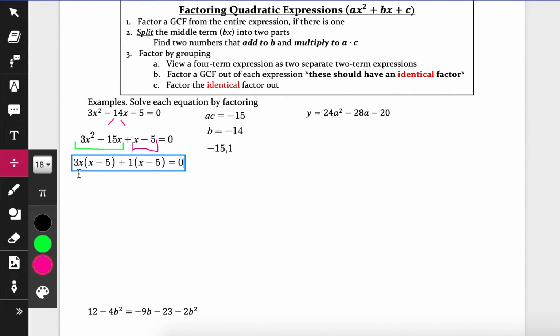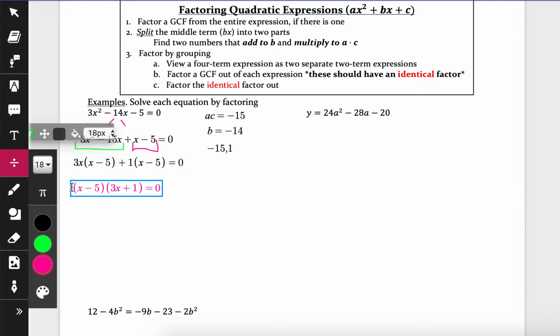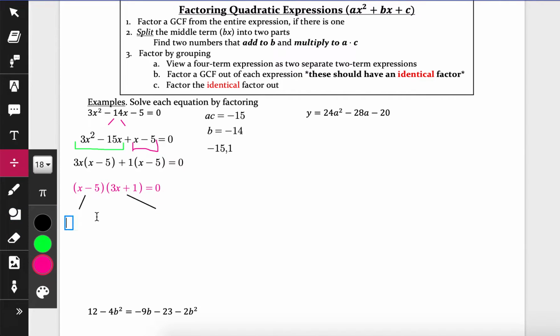And now I see that these two have an identical factor of x minus 5, which means I can factor that x minus 5 out front and see that I'm left with 3x from the first term and 1 from the second term, 3x plus 1. And you'll remember that from here, our strategy is set each factor equal to 0 and solve, which means we have x minus 5 equals 0.